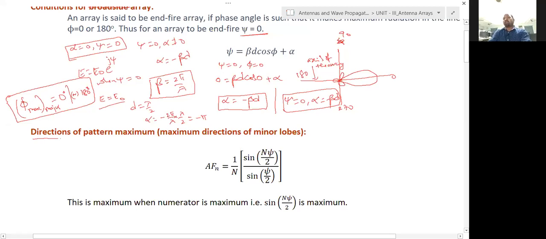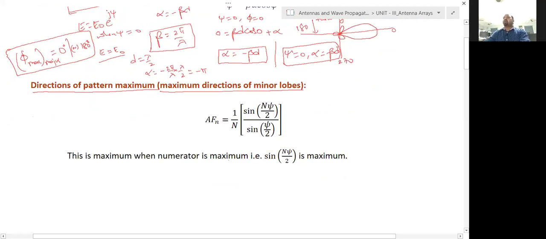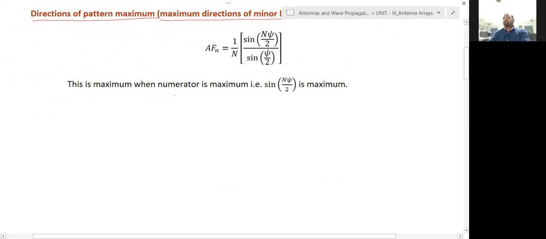Now directions of pattern maxima, that means the maximum directions of minor lobes. Maximum means the array factor is equal to 1, that means sine n psi by 2 is equal to 1. So n psi by 2 is equal to plus or minus 2n plus 1 pi by 2.